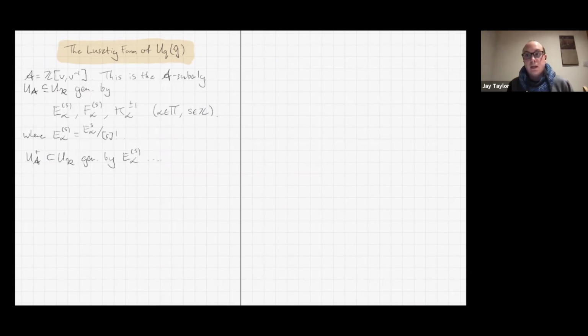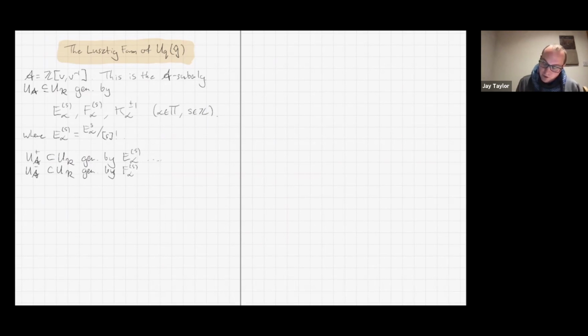We are always talking about the simply connected form. I'm never not talking about the simply connected form. So U_A plus and U_A minus are generated by the divided powers for the positive and negative part.